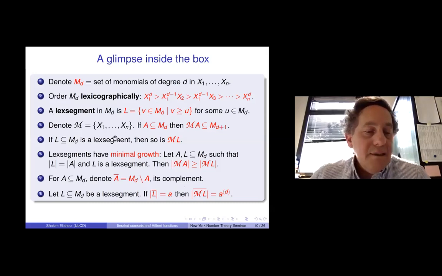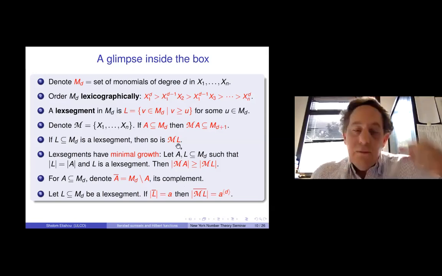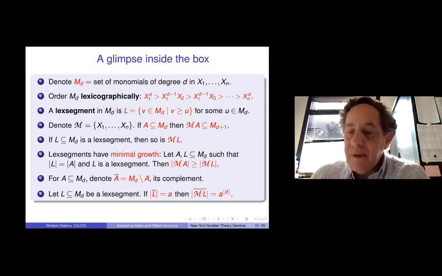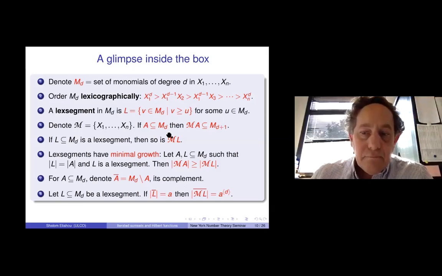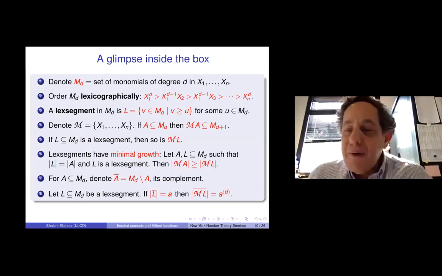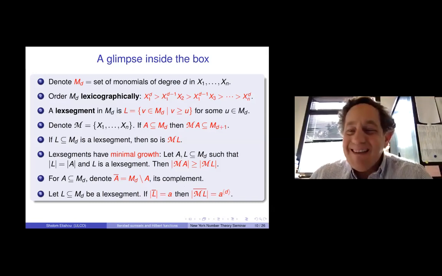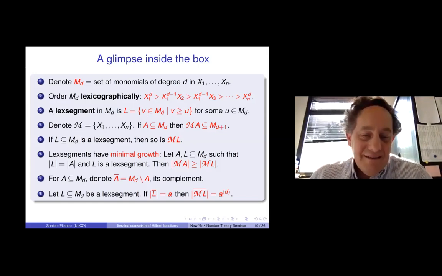The key point is the number 6, of course. Lex segments have minimal growth. And this is where the proof is hardest, but that's the theorem. Okay, so now we close back the black box and we can just exploit Macaulay's theorem as a black box.